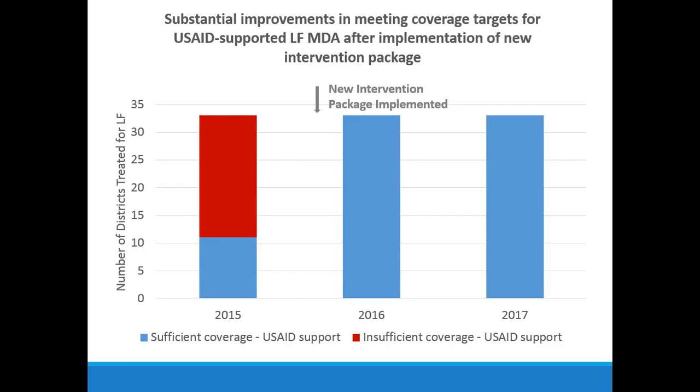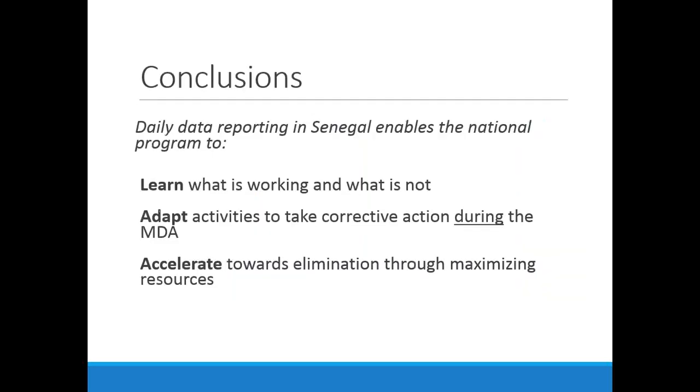You can see in this graph that when we started putting in place the new packages, we are just in blue. It means that it has really permitted us to improve the performance. 100% of the districts that were treated achieved their goal. You can see that since 2016 and 2017, all is blue.